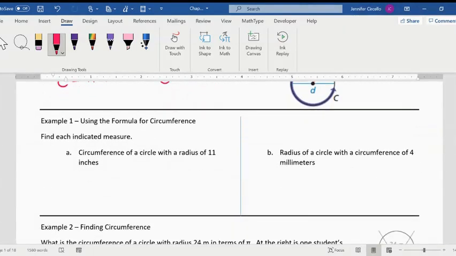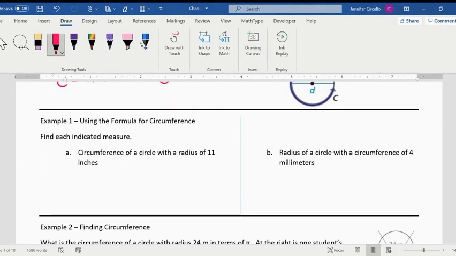So for this one, we want to find the circumference of a circle with a radius of 11 inches. So we're going to use the equation with r in it, which was 2 pi r. And filling in what we know, 2 pi, the radius is 11, so we have times 11. Now, there are 2 ways you can represent your answer. I might say leave your answer in terms of pi.